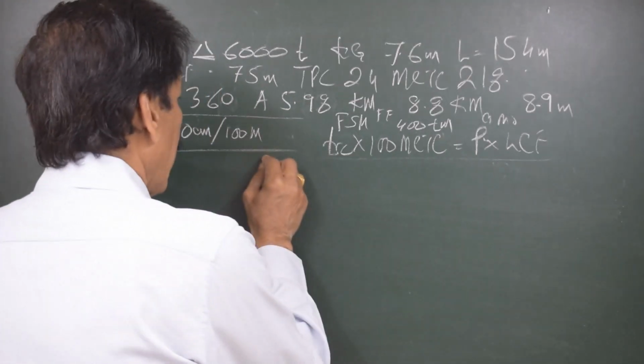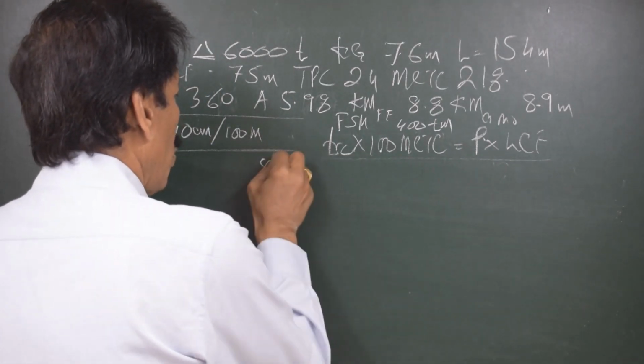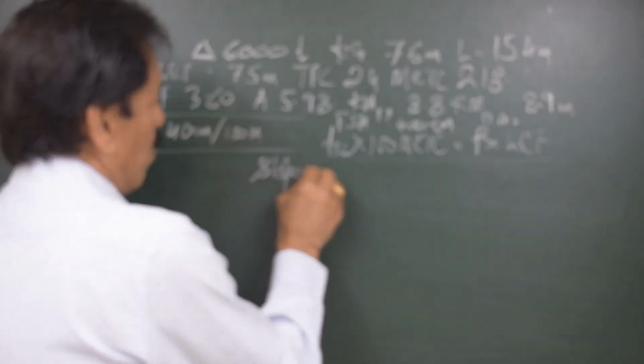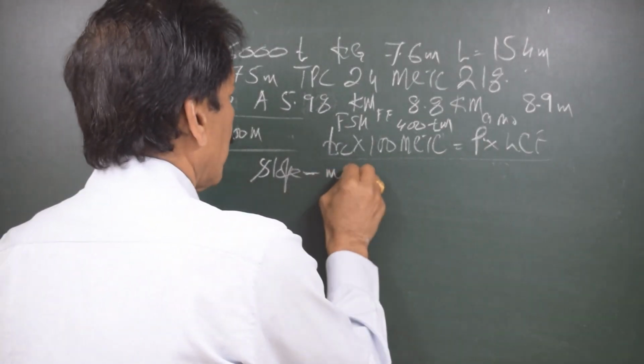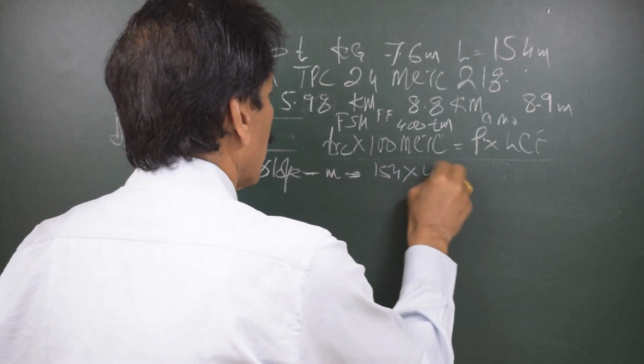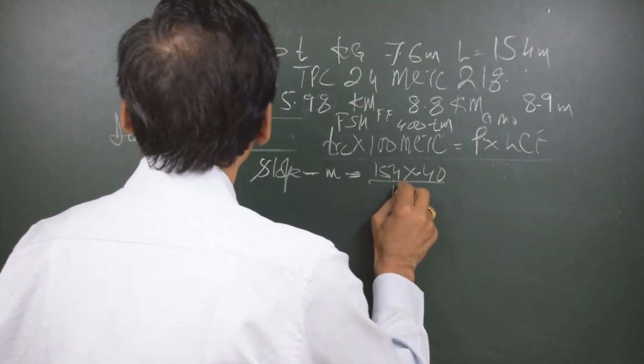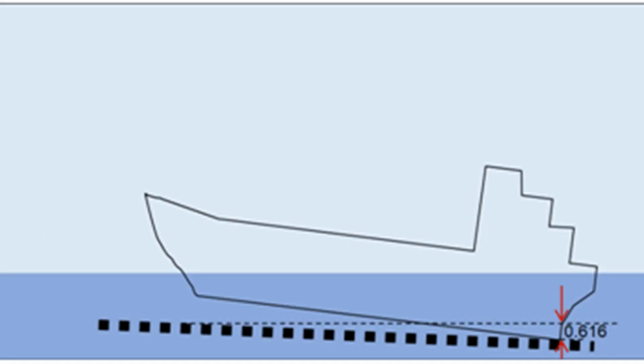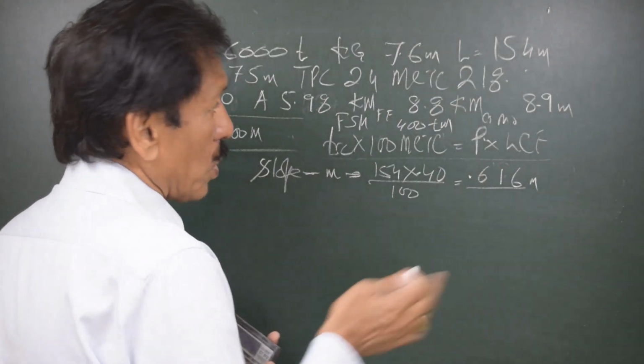The slope in meters will be 154 into 0.4 divided by 100, which is 0.616 meters. This is the declivity of the blocks for the ship.